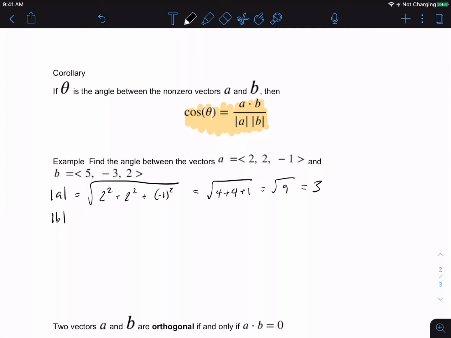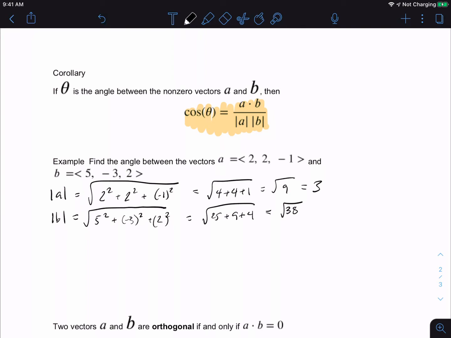Now, doing the same thing to find the magnitude of B, I'm going to get 5 squared plus a negative 3 squared plus 2 squared, and that's going to give me 25 plus 9 plus 4, which is 38. So it's the square root of 38.